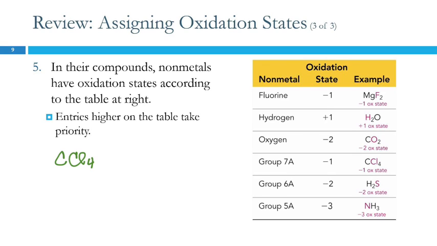Group 7? Yeah, chlorine's group 7. So chlorine chooses -1. And there's 4 of them, right? Each of them gets to be -1. So this will give us a total of -4. This is a neutral molecule, has no charge on it. The oxidation states that the atoms have to add up to 0. So if the chlorines together are -4, what's the carbon? +4.